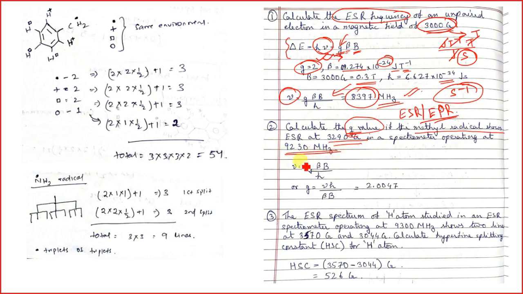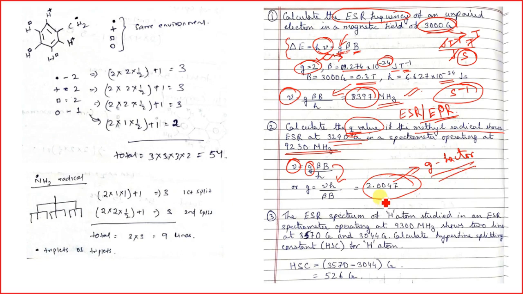Now if you see, this is your frequency and this is equal to G beta B by h. Now you have to find out the Landau factor. You can rearrange this as mu h divided by beta B, and you get the Landau factor, which is around 2.0047. So this is your G factor.